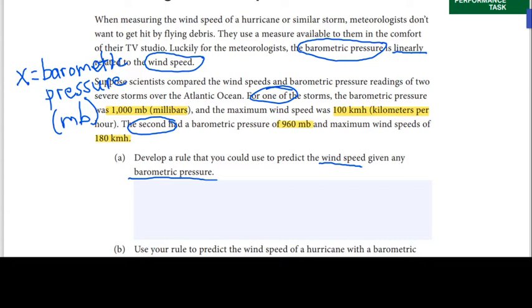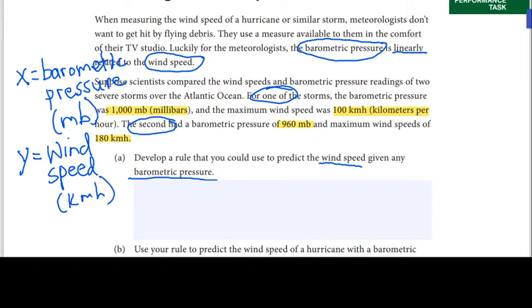And let's say Y is going to be the wind speed. The wind speed is what we want to get out of this. That's what we call our dependent variable. It depends on the barometric pressure. If we plug in a certain amount of barometric pressure, we're going to get a certain wind speed, measured in kilometers per hour.